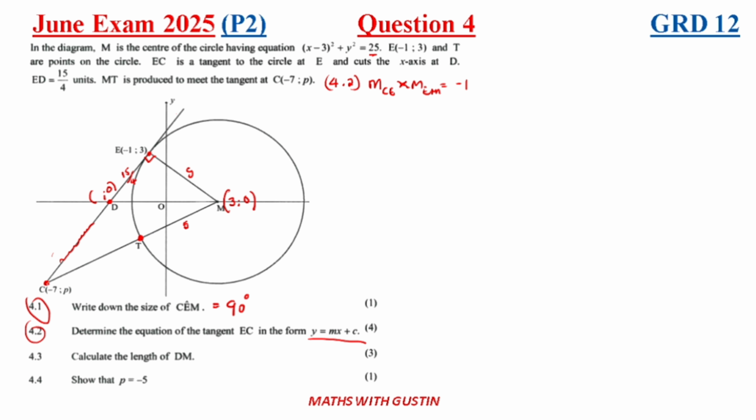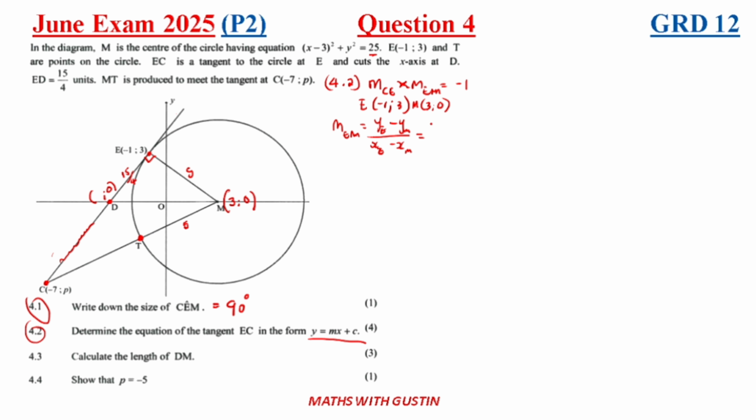So here we don't have a point, so we can't use this one, so we're going to use the two points, point E and also point M. Right, so therefore let's go point E, M with a gradient: y at E minus y at M. Even if you use y1, x1 or x2, guys, it's fine as long as you substitute correctly.